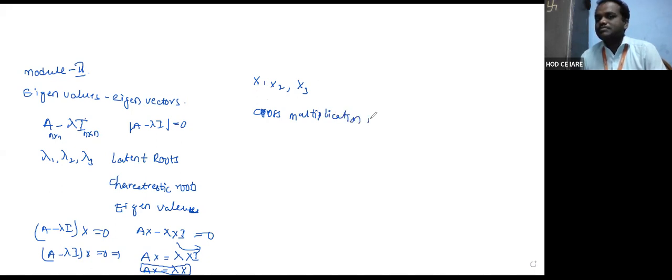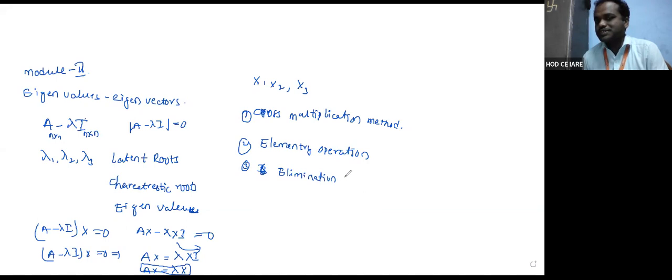And next you can use elementary operations, or simply we can use the elimination method or the substitution method to find the solutions of equations.